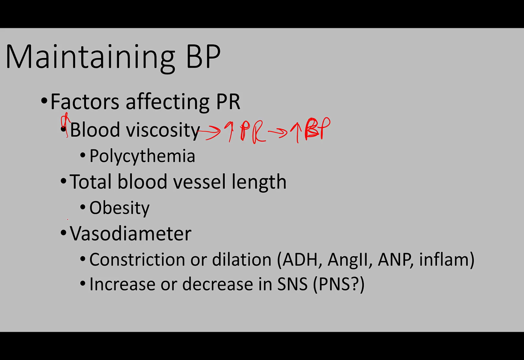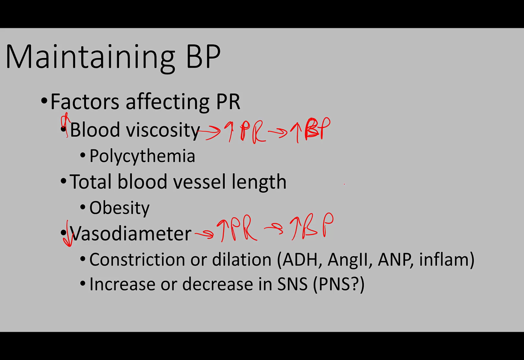So constriction causes decreased vasodiameter, which causes increased peripheral resistance, which causes increased blood pressure. Similarly, vasodilation causes increased vasodiameter, which causes decreased peripheral resistance, which causes decreased blood pressure.